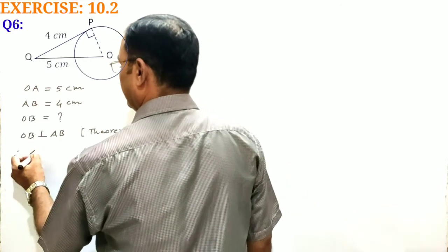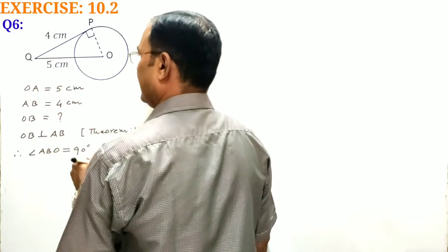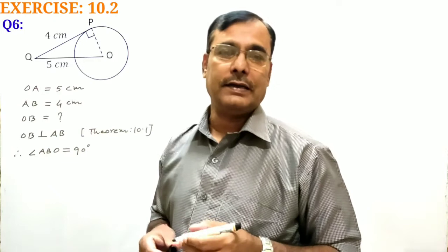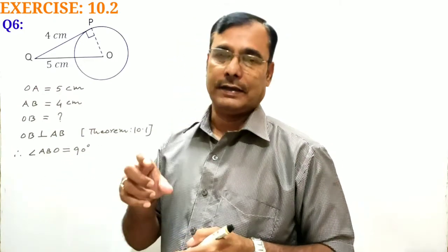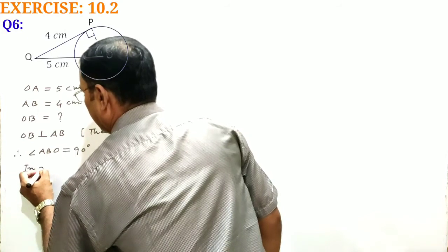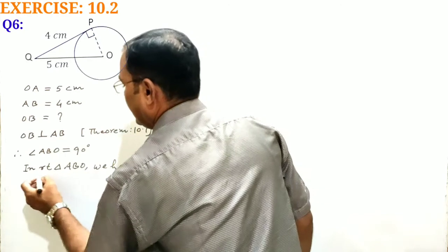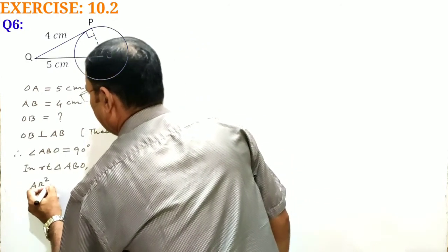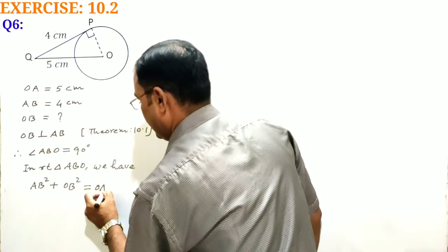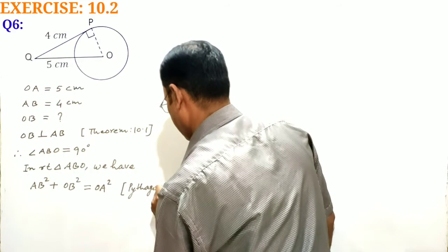Therefore, angle ABO equal to 90 degrees, so triangle ABO is a right angle triangle right angled at B. So applying Pythagoras theorem in right triangle ABO, we can calculate the radius OB of this circle with center O. So in right triangle ABO, we have AB square plus OB square equal to OA square. Pythagoras theorem.